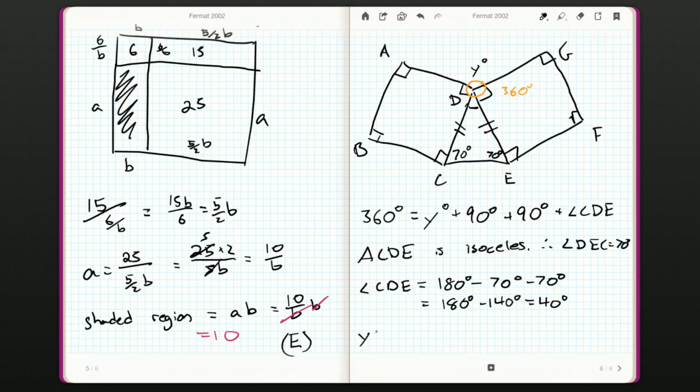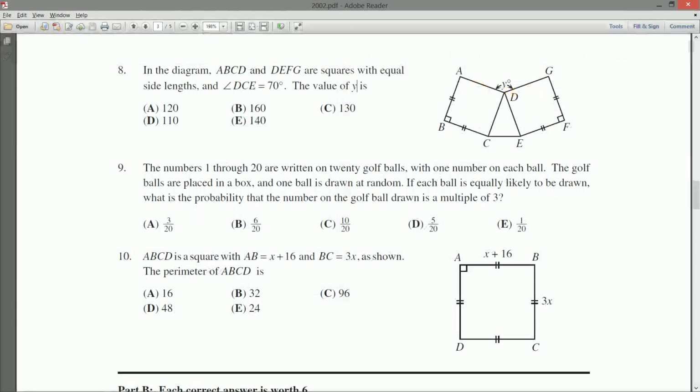And so y is 360 minus 90 minus this 40 degrees that we just worked out. And that will turn out to be 140 degrees. You can do this in stages, grab your calculator, whatever you want. But we have 140 degrees. 140, that was one of the answers. That was E, right there at the end.